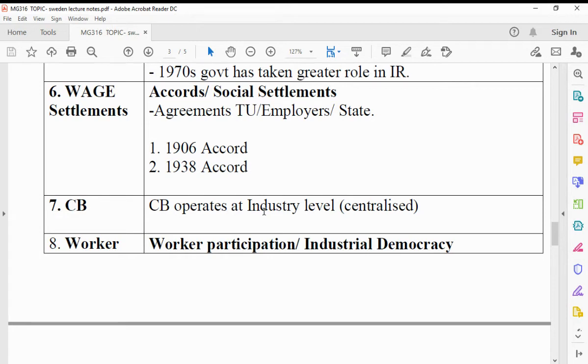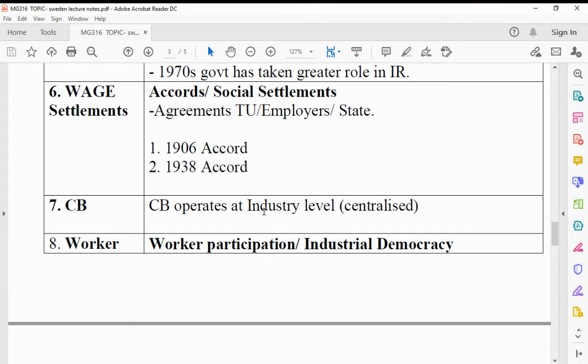And this is why small and medium organizations do not like centralized collective bargaining, because usually they are the ones that are disadvantaged. See, the big organizations, the large enterprises, are able to pay their workers higher, but the small organizations, which are struggling actually, might not be able to pay their workers whatever the industry negotiates. So this is why small and medium organizations usually do not like centralized collective bargaining.